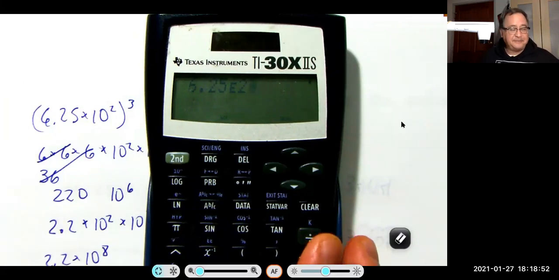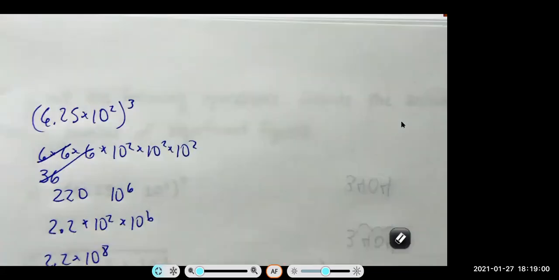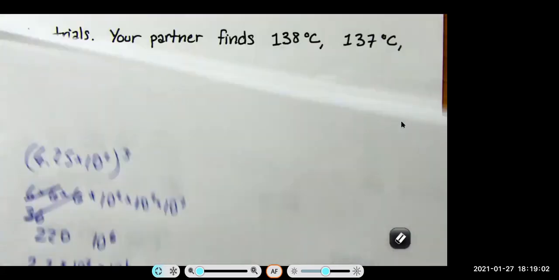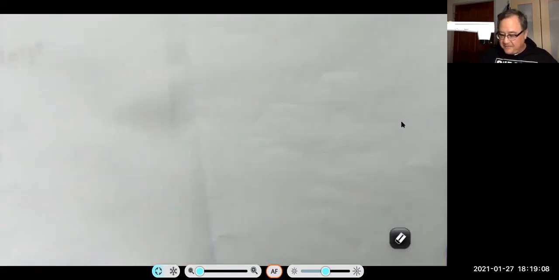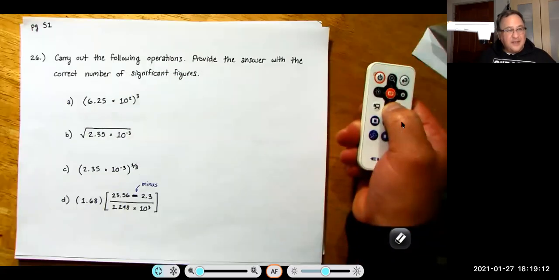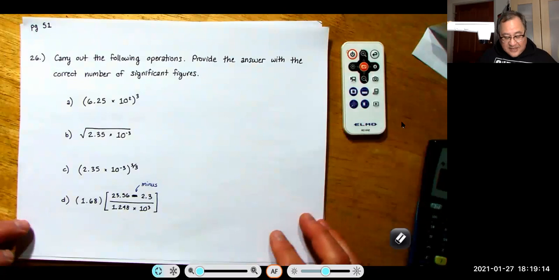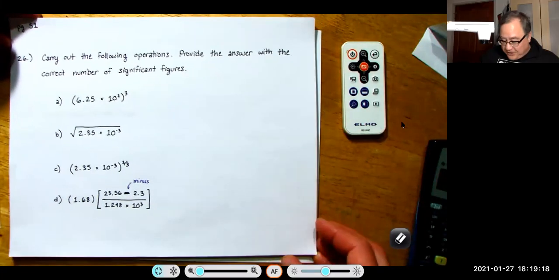Go ahead, Izzy. Just very quickly on the test, do we have to show all that work, or can we just put it in the calculator and just say this is the answer? The answer to your question is this. Let me back out of this. If I give you something like this on the test, I want the answer with the correct number of significant figures.